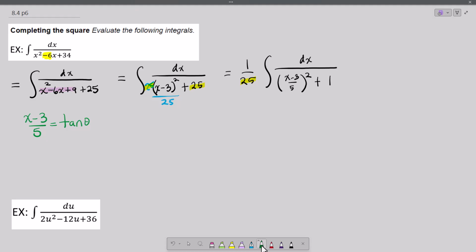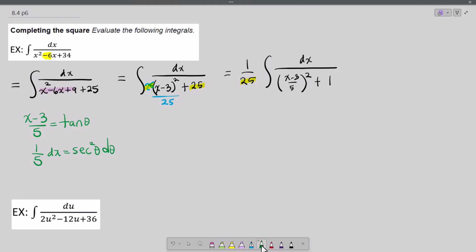If you split that fraction, you could write this as 1/5 x minus 3/5. It's a line. The derivative of a line is its slope, the coefficient of x. So the derivative of that quantity is 1/5. And so on the left we will have 1/5 times dx, and on the right we will have secant squared d theta.